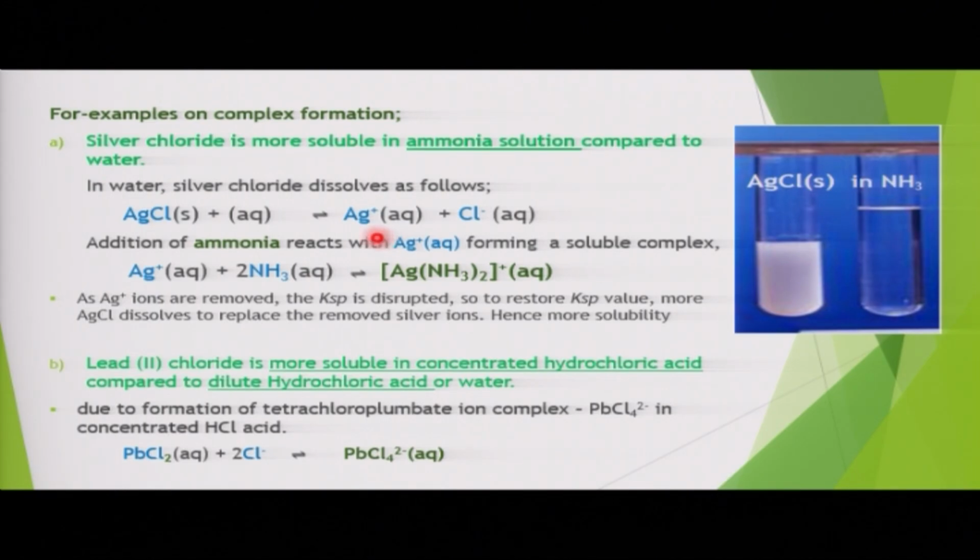Reason: it complexes with the chloride from the concentrated hydrochloric acid to form the complex tetrachloroplumbate ion. So in the process, lead 2 chloride will continuously be dissolving. So that is for the complex.